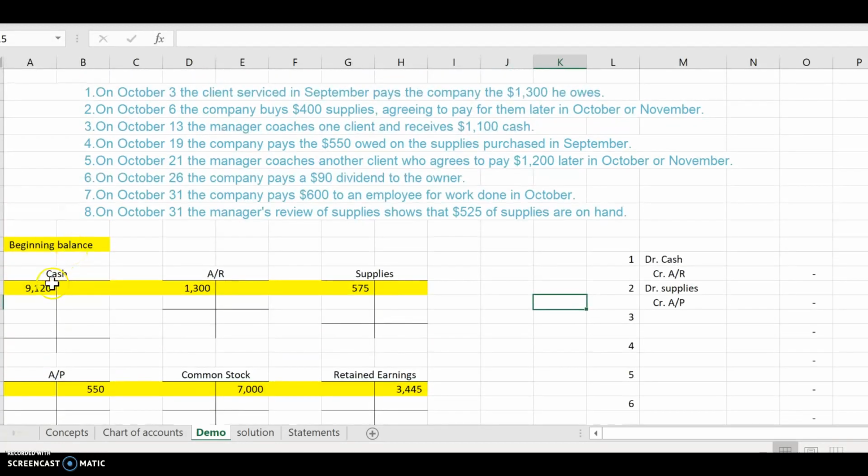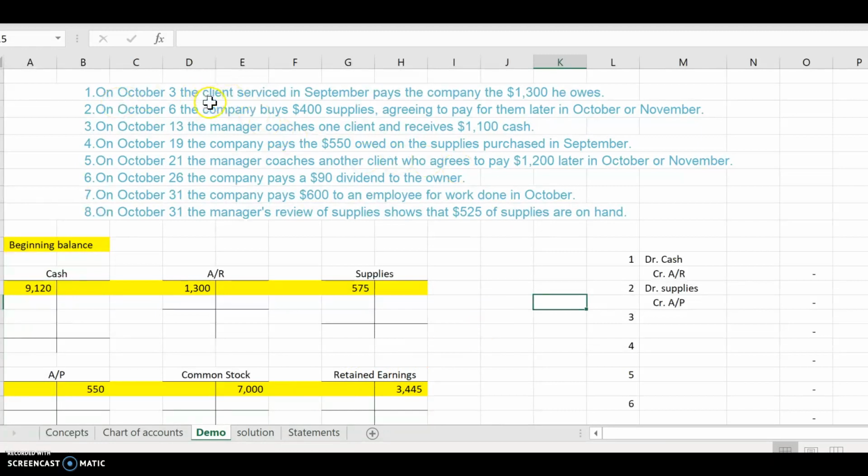So September 30th would lead into October the 1st. Last month's ending balance will be this month's beginning balance. So everything highlighted in yellow is the beginning balance of that particular account.